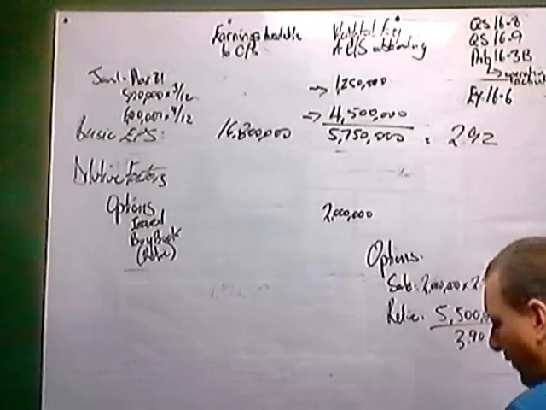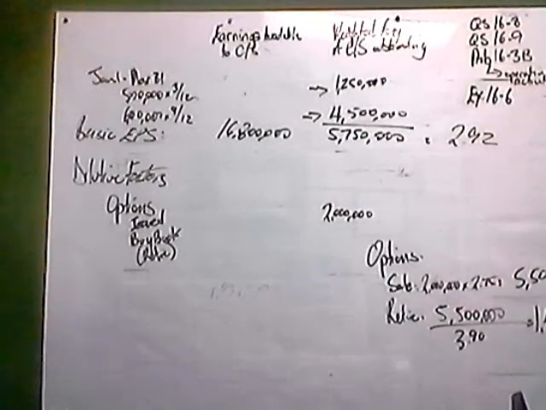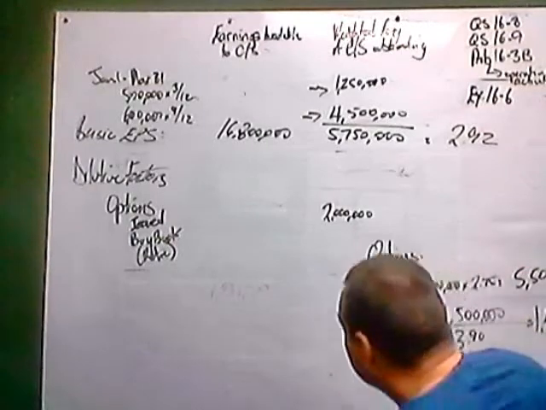Really it is 1,410,256.41. Just for simplicity, I'm going to round the shares that we retire to 1,410,000.